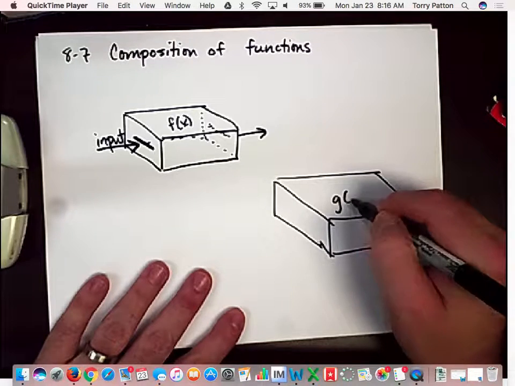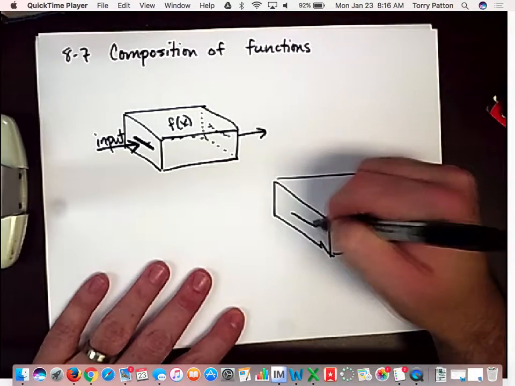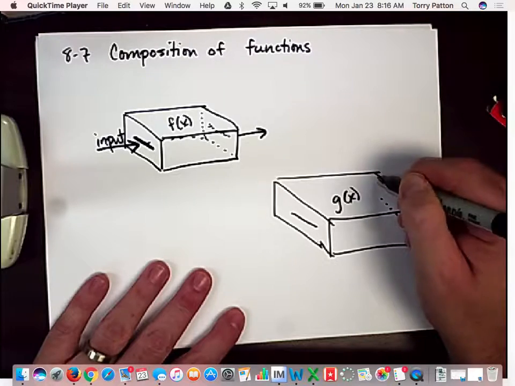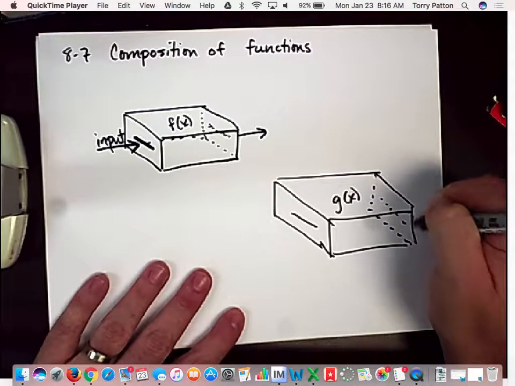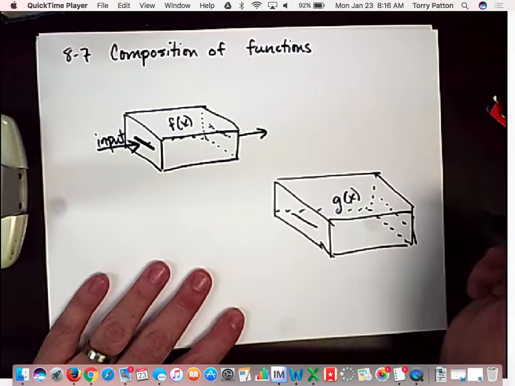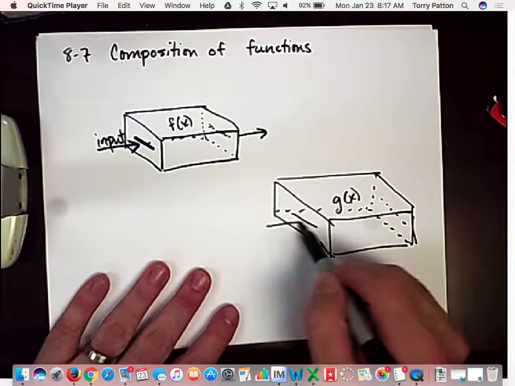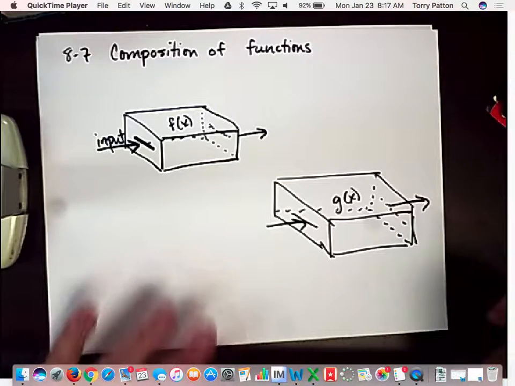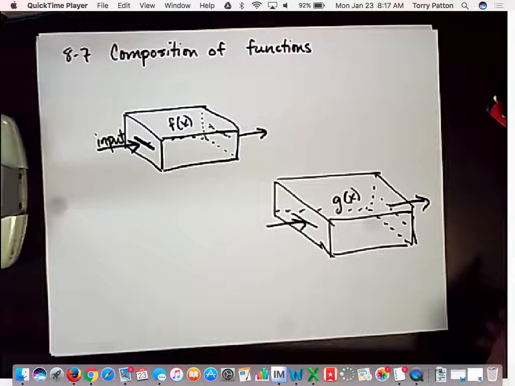We'll call this one g of x, okay? It has a slit there and a slit here. Okay? So likewise, you can feed it input, it'll do something and give you an output.